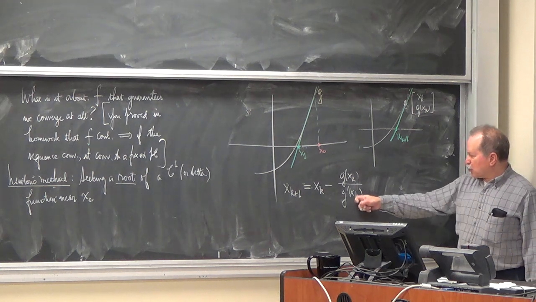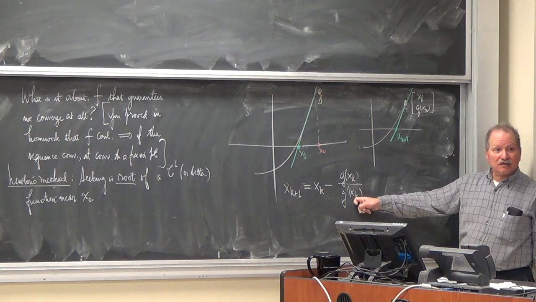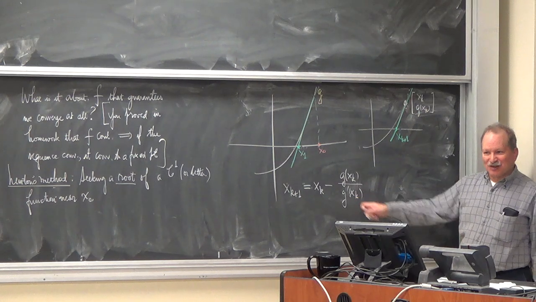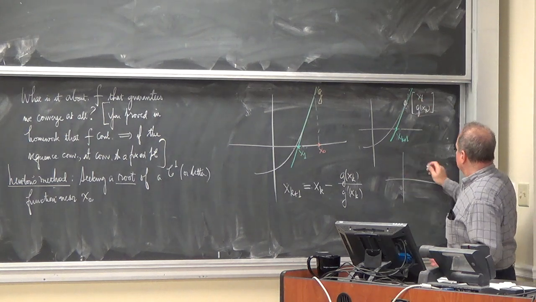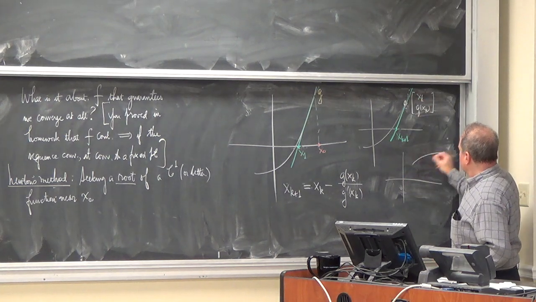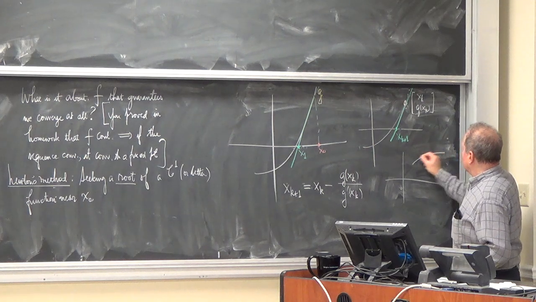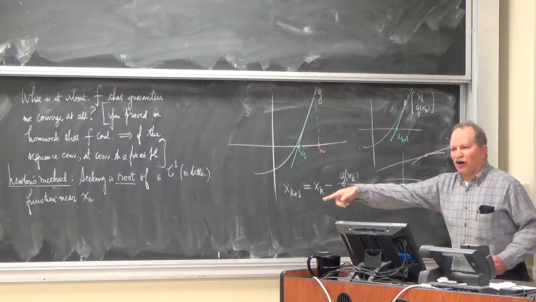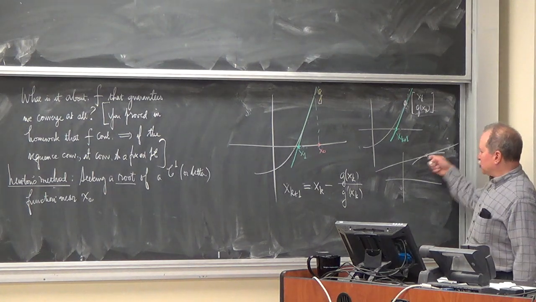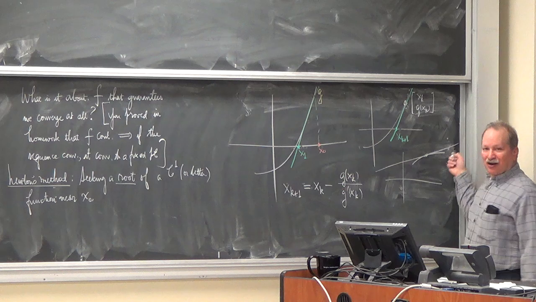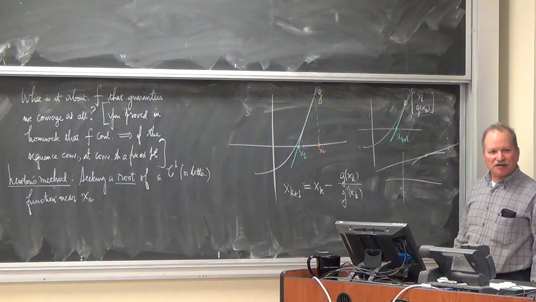You also notice there's a problem if the derivative is near 0, which makes sense because if the curve is very flat, the tangent line shoots very far away. That's not good. And if g prime is 0, the tangent line is parallel to the x-axis, so there is no next point.